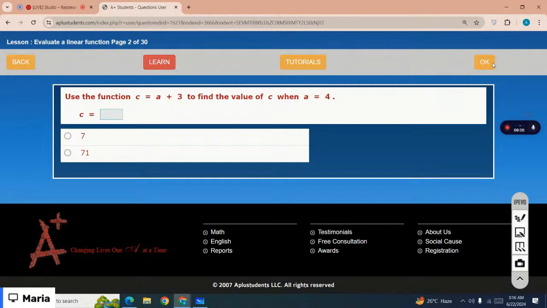So which is the correct option? Yes, the correct option is option number 1.